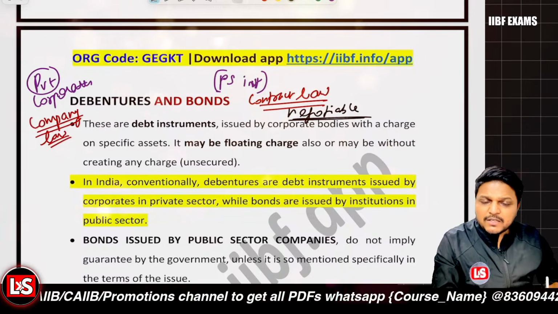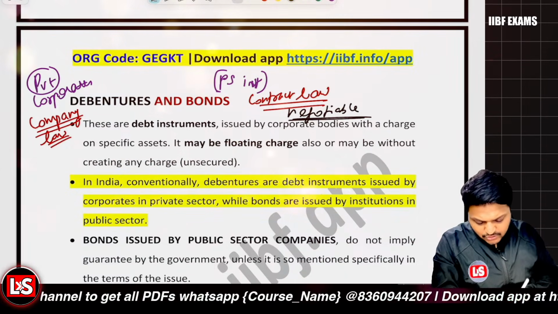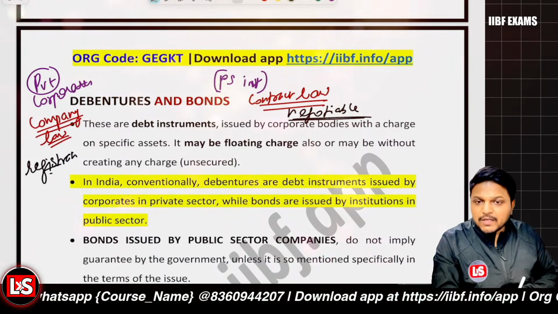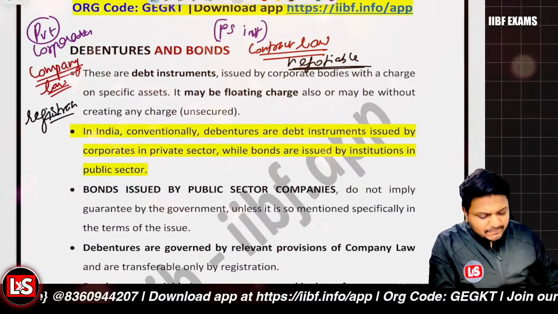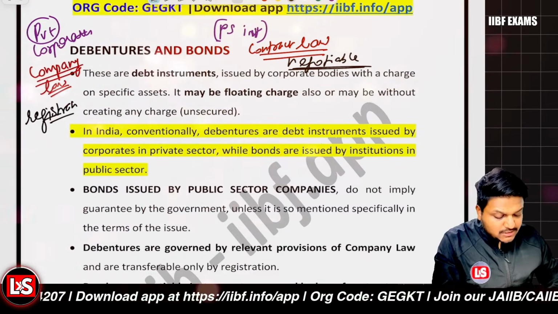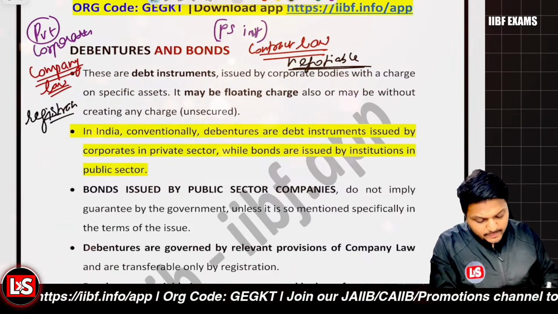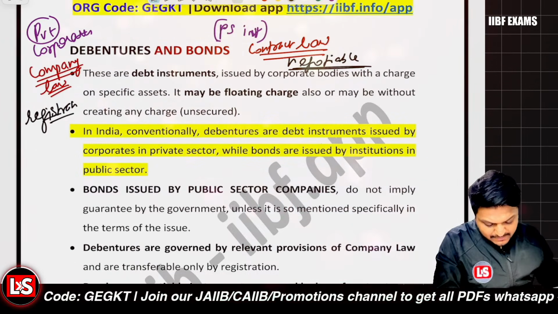But in the case of the debentures, these are transferable by registration. The registration is required, then only you can transfer it. Clear with it? So both are debt instruments. Both acknowledge the debt, and the debentures are basically issued by the private corporates, and the bonds are issued by public sector institutions, right?